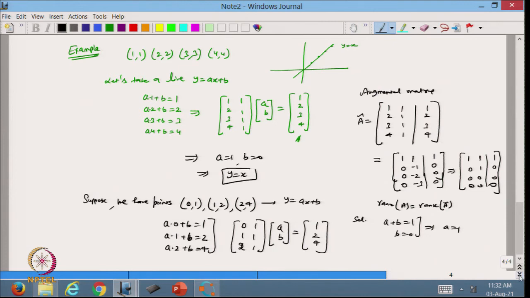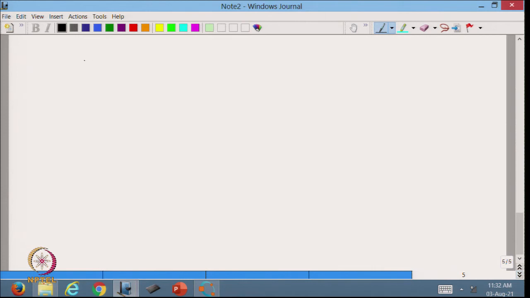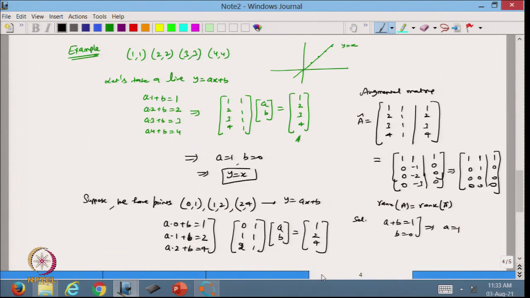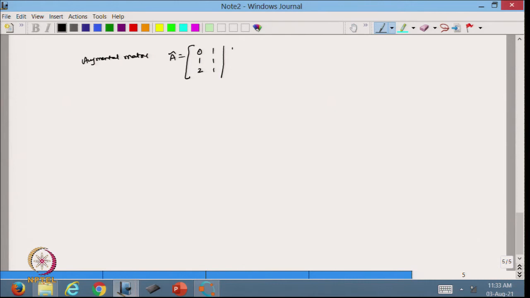Now, from here I write its augmented matrix. So, that is I am writing 0, 1, 2, 1, 1, 1, and the right hand side column is 1, 2, 4. That is my augmented matrix. I will reduce it into row echelon form.